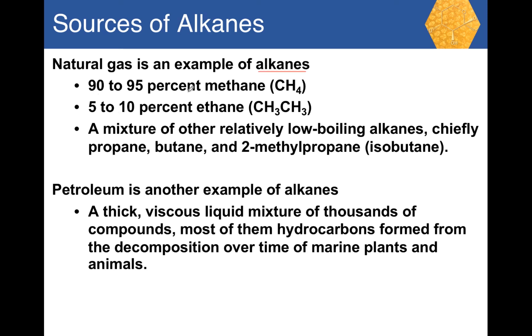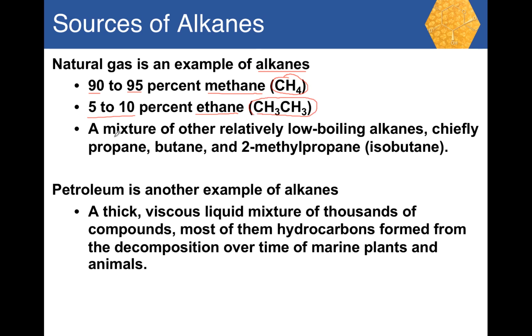Natural gas is made up of, as we've seen here, about 90 to 95% methane. We haven't learned the nomenclature yet, but that's CH4. That is the formula for methane. It also contains about 5 to 10% of ethane, which is C2H6 or CH3CH3.